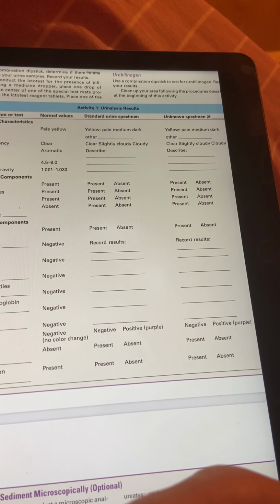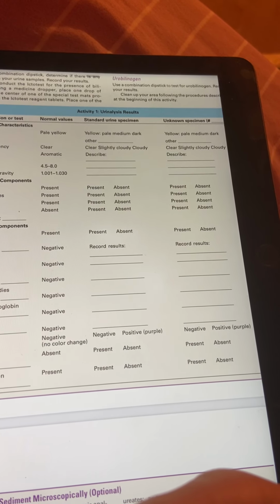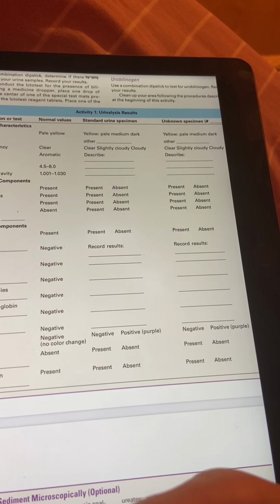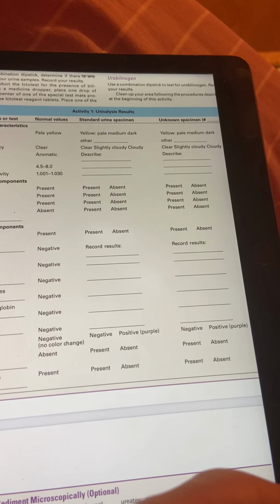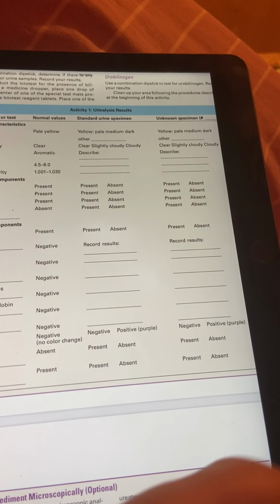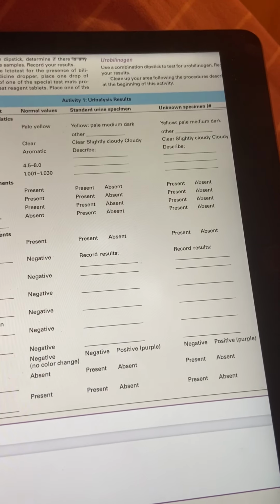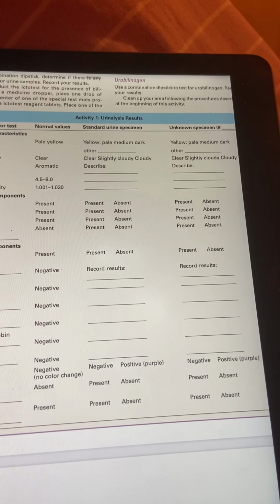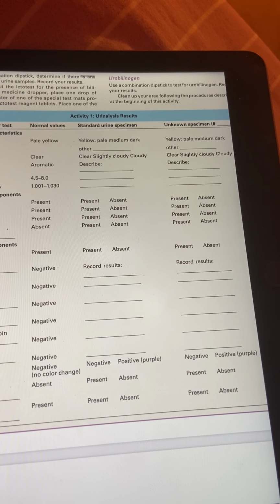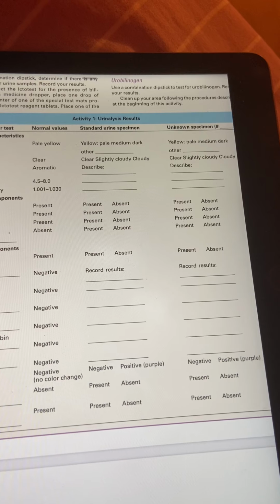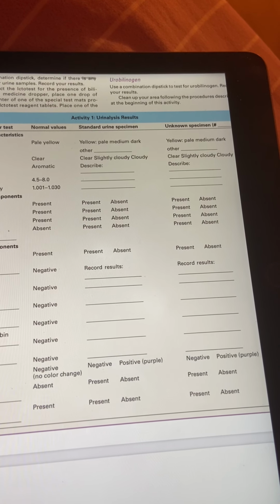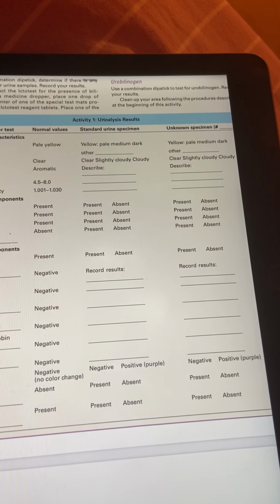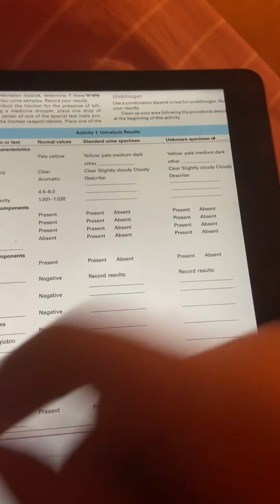If you are listening to me, for diabetes mellitus, there is no nitrate. Yeah, that's why it's just like normal. All right. So the sulfates are present, the phosphates are present, the chlorides are present, and nitrites are absent.